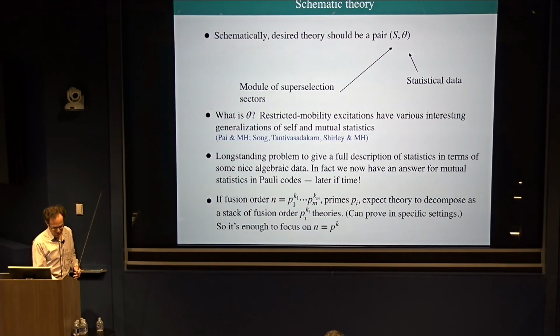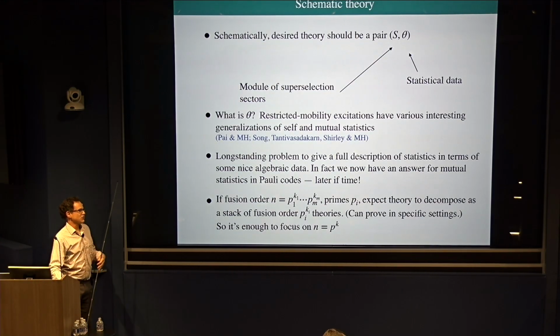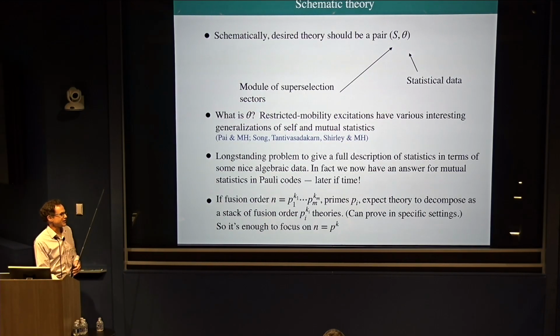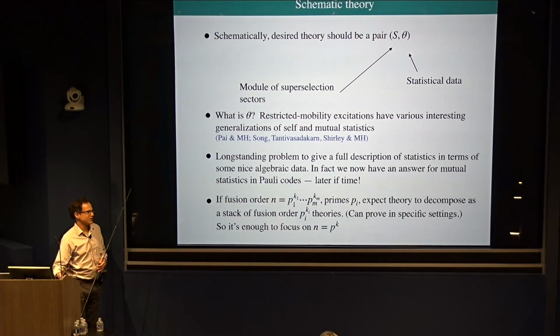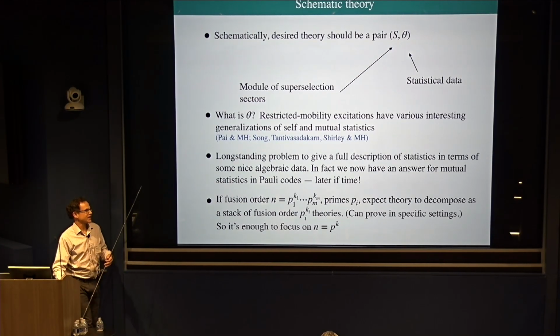Yeah, I think you should have something from which you can get the mutual statistics, at least, because the mutual statistics is what encodes remote detectability, and that's really a fundamental property. So that is the necessary condition for physical realizability. It's a necessary and sufficient condition for physical realizability in the anyon case.